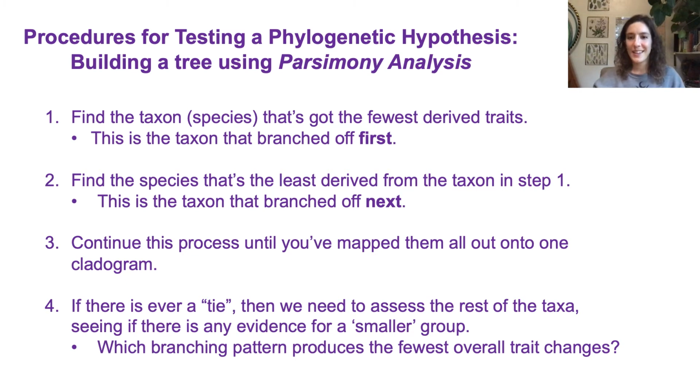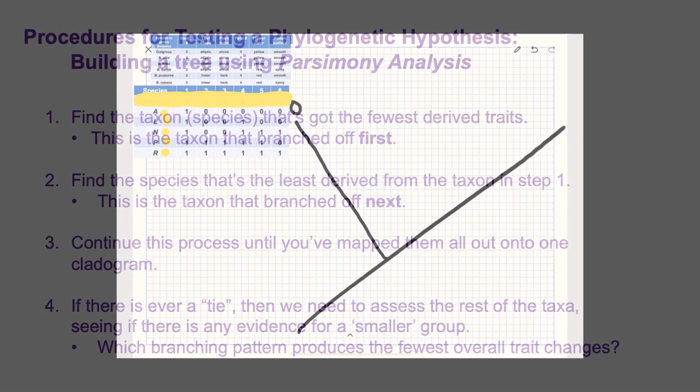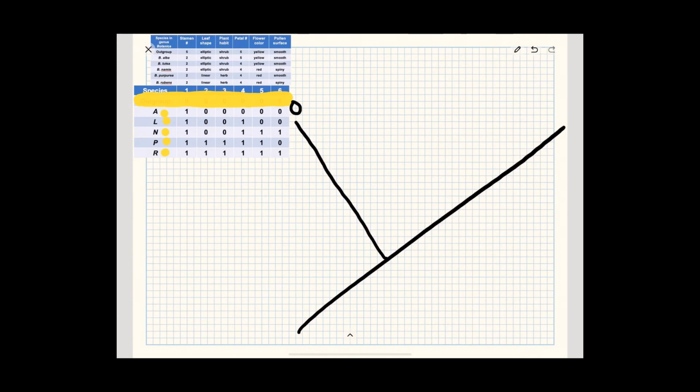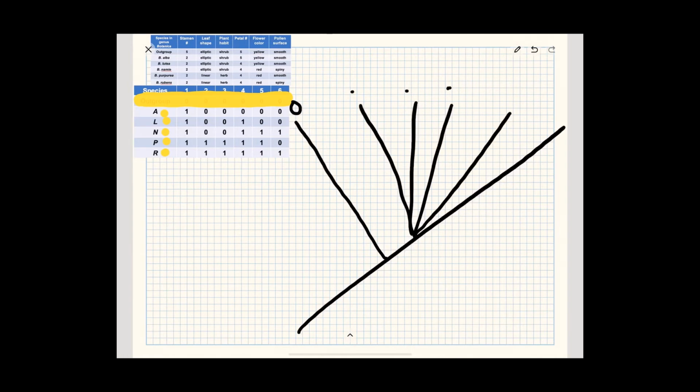And so let's see an example of this using our zeros and ones. Know that the outgroup branched off before the other 5 taxa on this cladogram, but we don't know what order these last 5 branched off in.